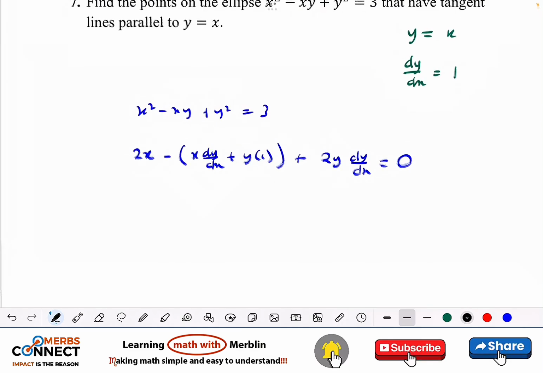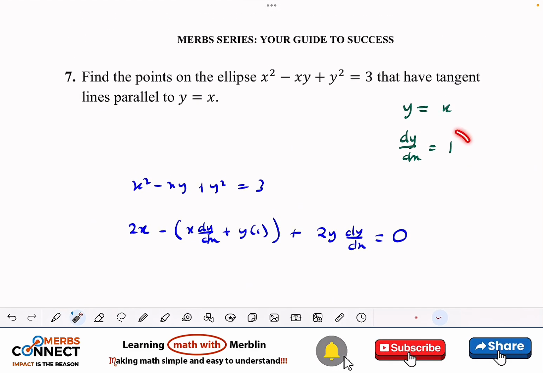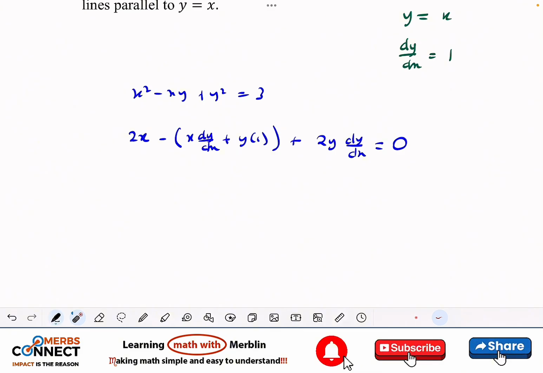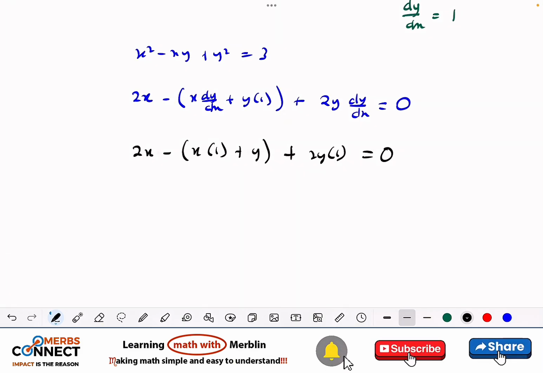From this, we saw that dy over dx is 1. Since they are parallel to each other, it means that dy over dx is also the same as 1 here, so I can plug it in. I'm going to have 2x minus x times 1 plus y plus 2y times 1 is equal to 0.